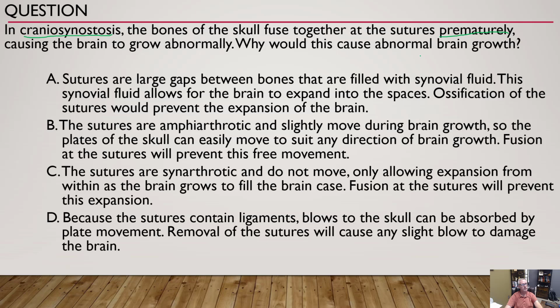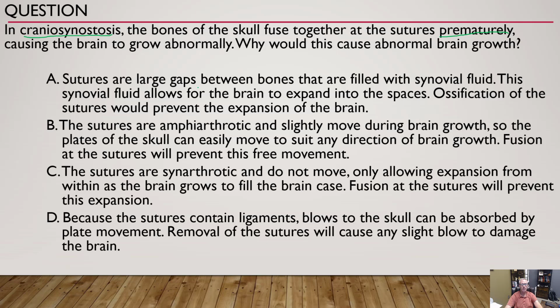So why would this cause abnormal brain growth? All right, so sutures are large gaps between bones that are filled with synovial fluid. This synovial fluid allows for the brain to expand into spaces. Ossification of the sutures would prevent the expansion of the brain.